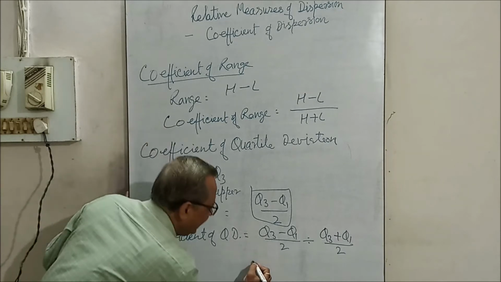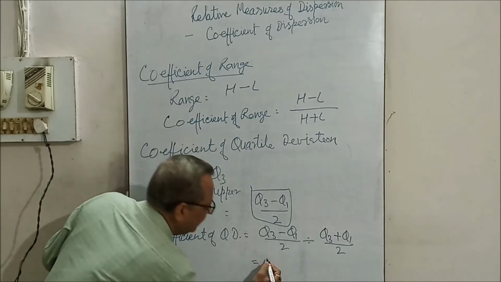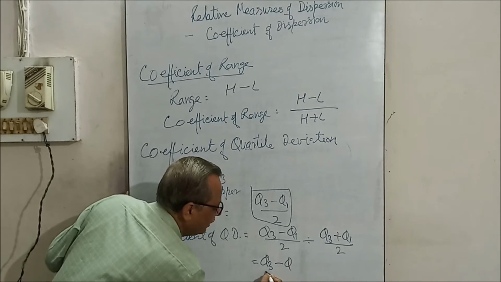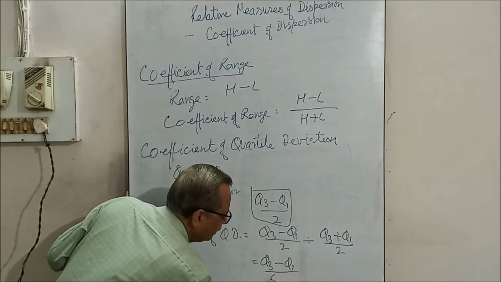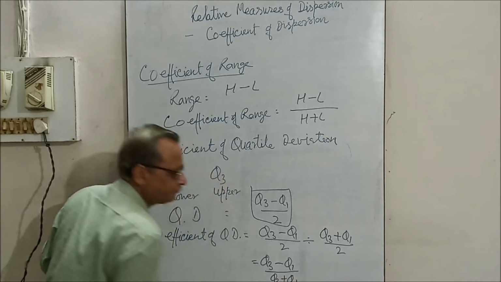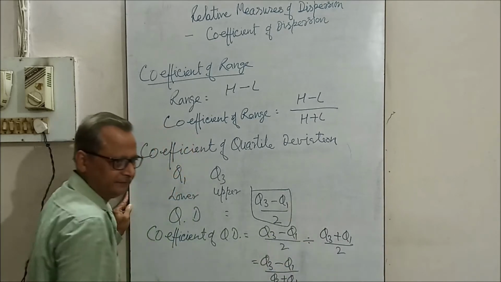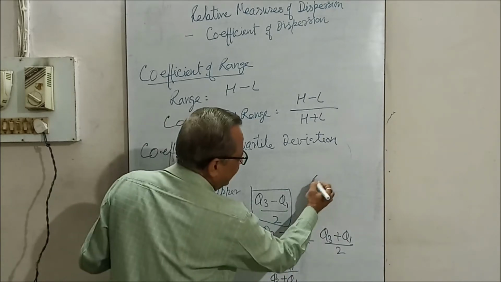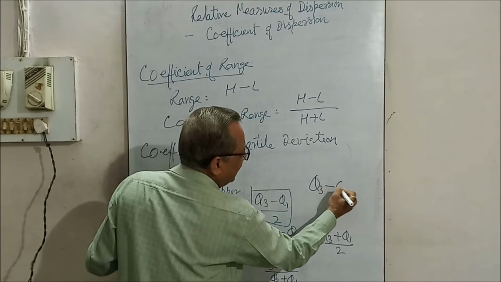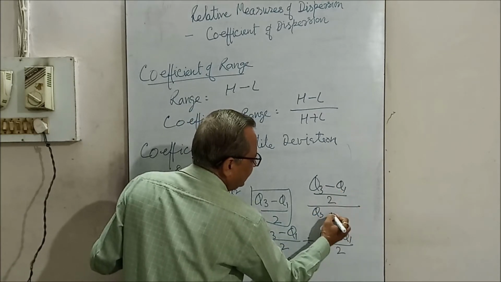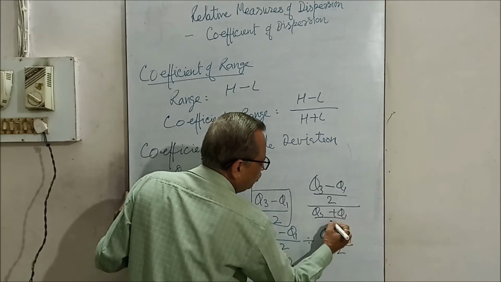If you simplify it, the 2 and 2 are reversed: Q3 minus Q1 upon 2, divided by Q3 plus Q1 upon 2.